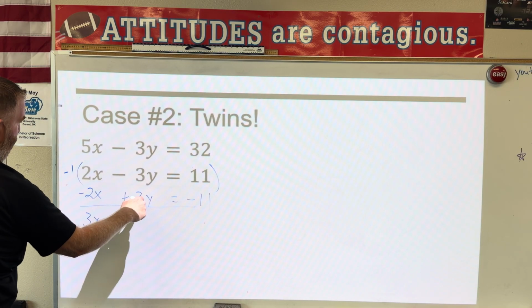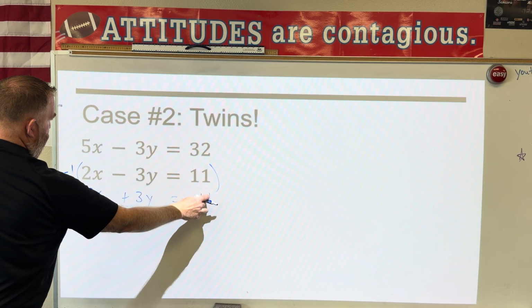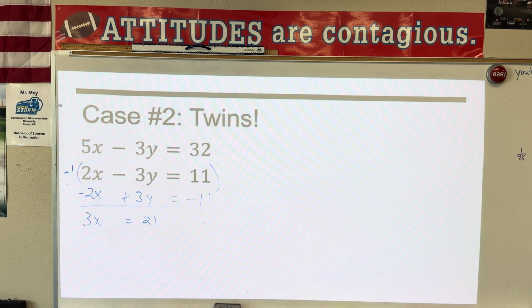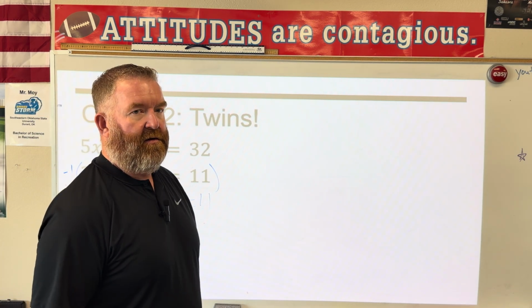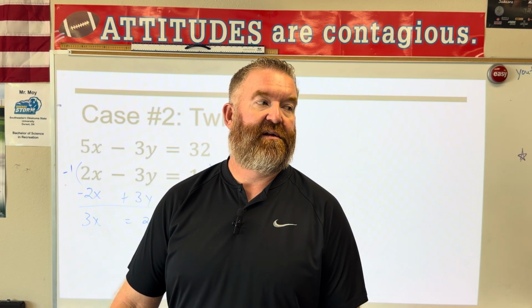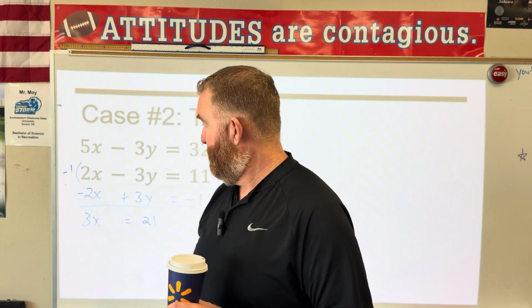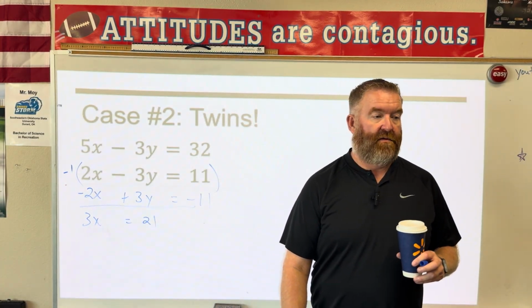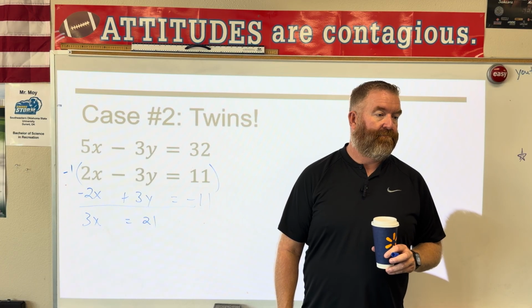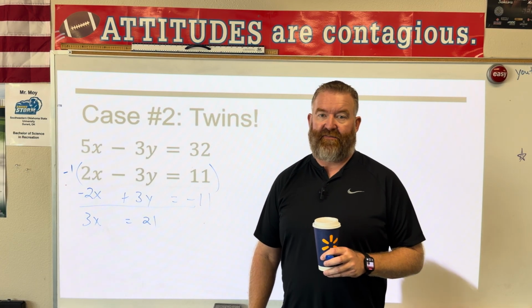The y's cancel now. And then what's 32 minus 11? 21. 3 times what is 21? What's 21 divided by 3? -7. Nope, this one's positive. Where'd you mess up? 7.